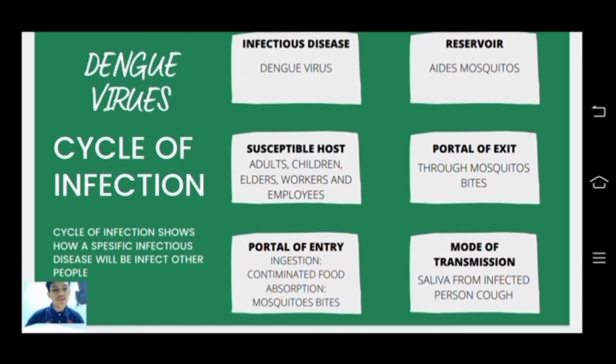The second is absorption, which is from direct mosquito bites. Lastly, the susceptible hosts are elders, children, workers, and employees, basically everyone who got bitten by the mosquitoes.